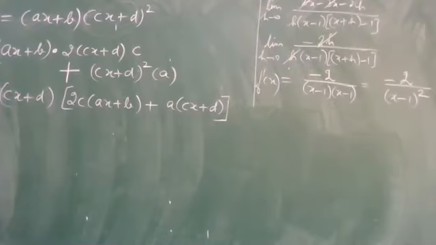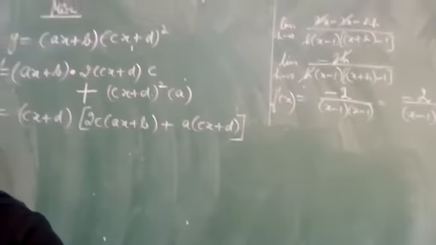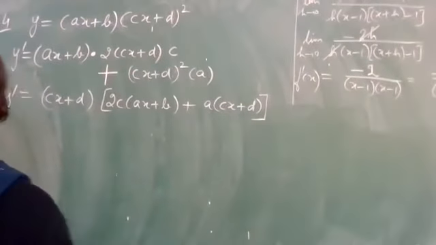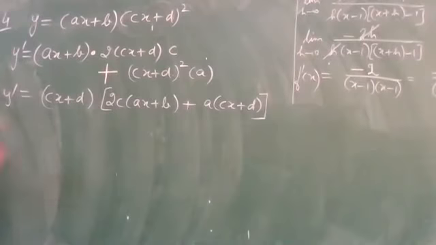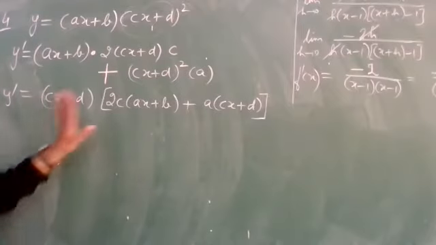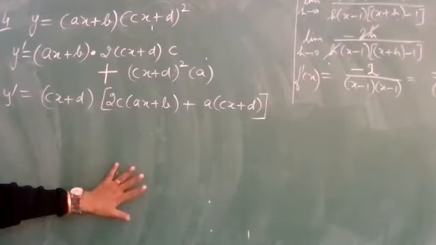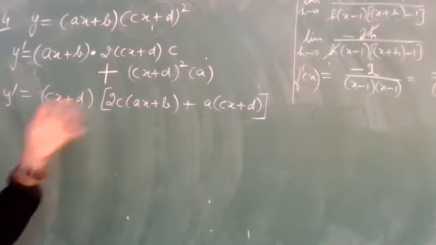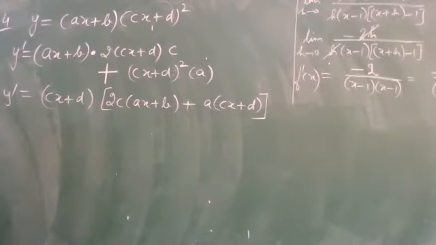We can just write the answer in this form, y dash. Okay. So you have to remember that in all such cases, you have to apply product rule plus chain rule also. You need not further simplify this. Nothing is common. So we will just leave it here.